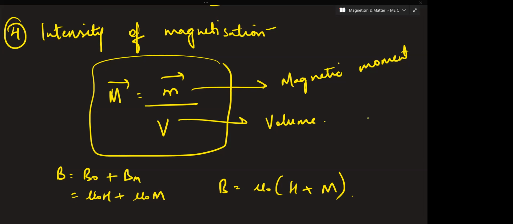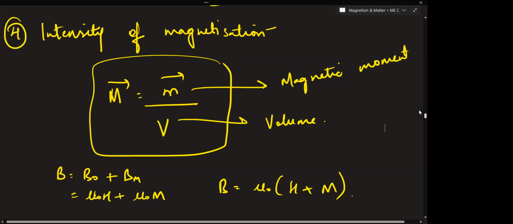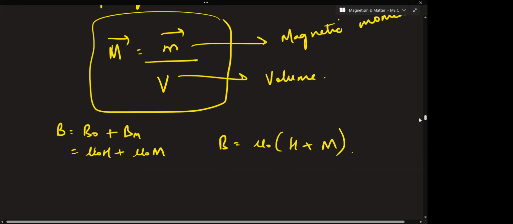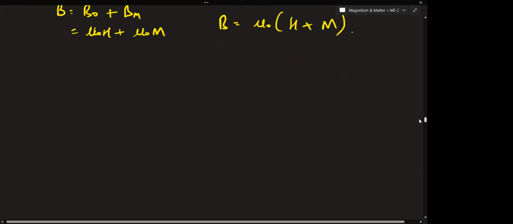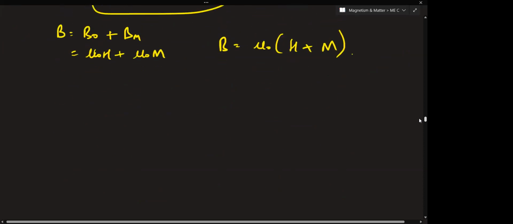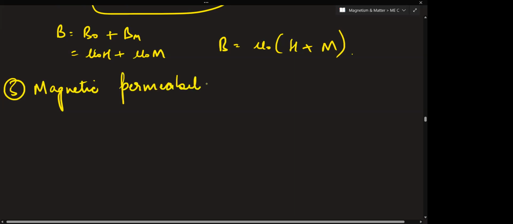Now the fifth quantity. From here the quantities are better to understand. All these four were very confusing: intensity of magnetization, magnetic field intensity and everything. Now you have magnetic permeability. Magnetic permeability is simply the ratio of magnetic field and magnetic intensity.